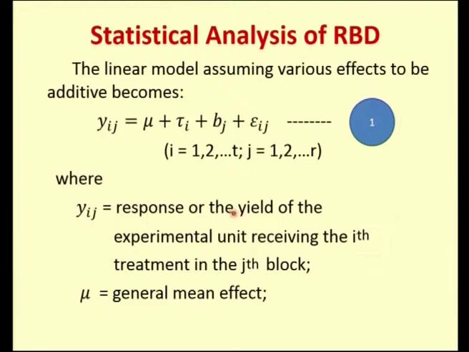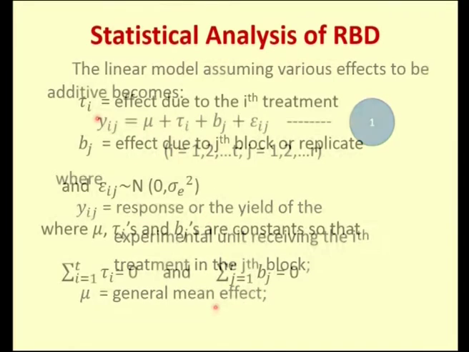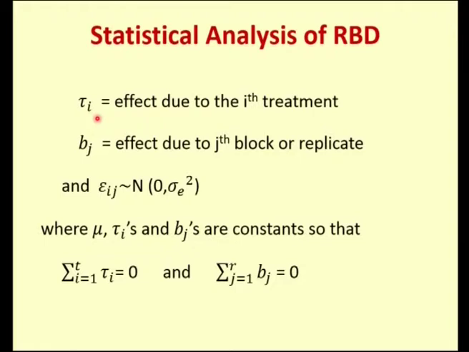Here Yij is nothing but the response or the yield of the experimental unit receiving the ith treatment in the jth block. Mu is defined as the general mean effect. Also, tau i is the effect due to the ith treatment, and Bj is defined as the effect due to the jth block or replicate, and epsilon ij are assumed to be independently and identically distributed normal variates with mean 0 and variance sigma e squared.